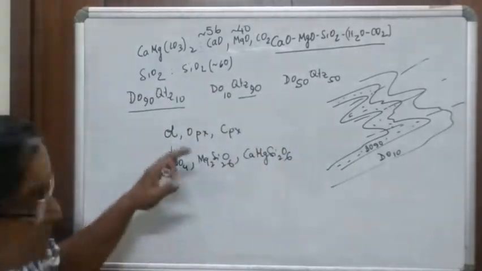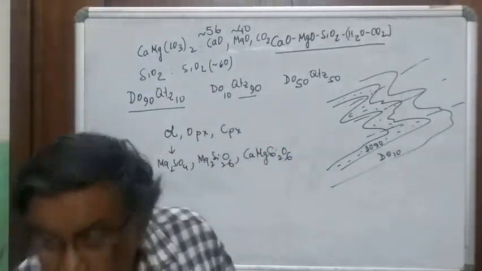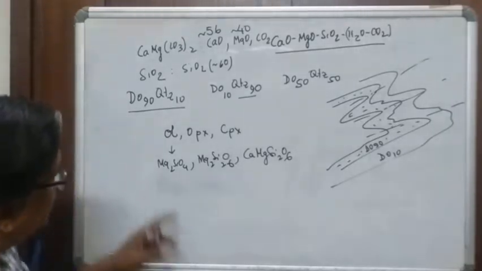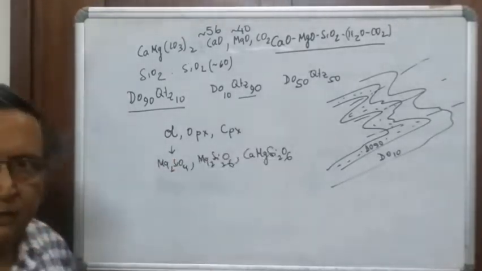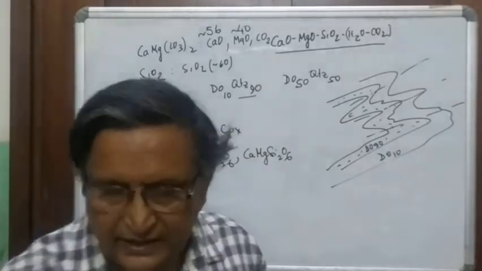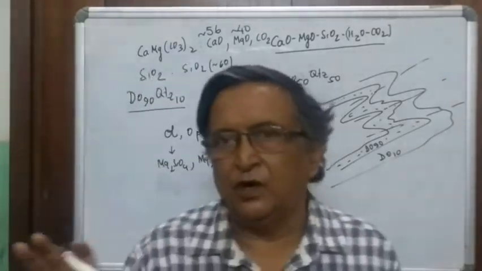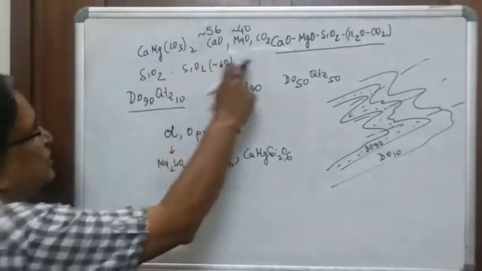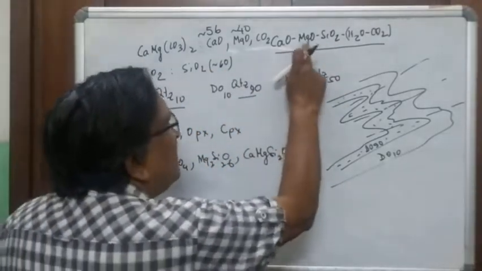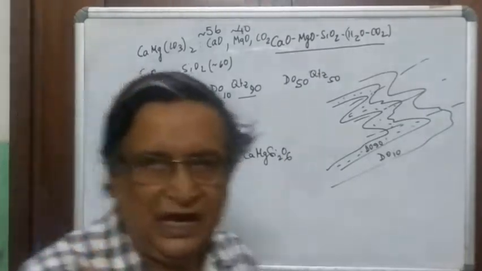But if you go to the mantle, slightly lower mantle, you can argue that yes, it's magnesium rich, but there is also a little bit of iron in it, correct? Absolutely, no contradiction there. So you have to extend the system not only to CaO-MgO-SiO2, but also FeO a little bit.